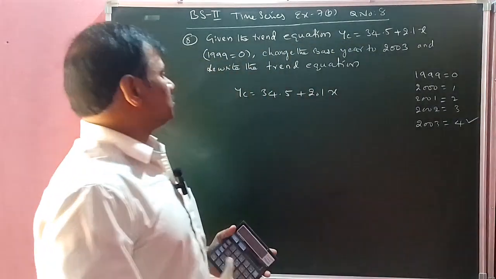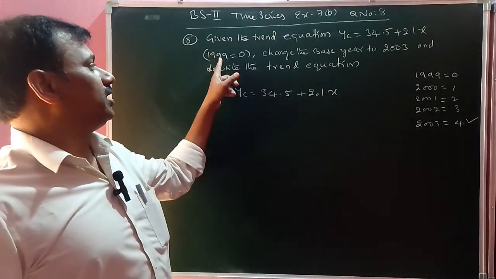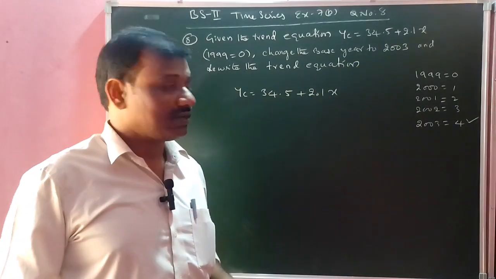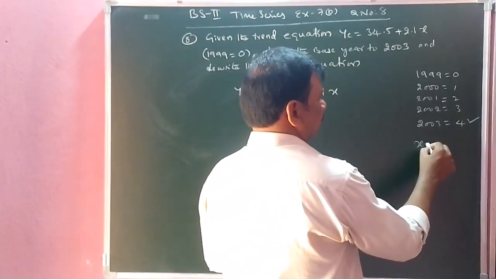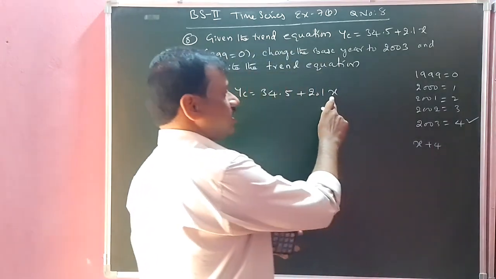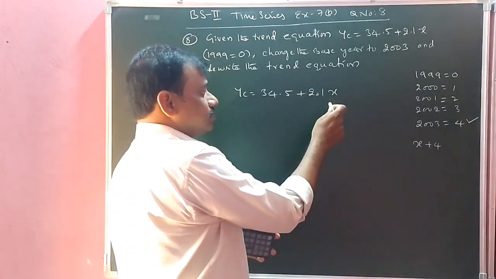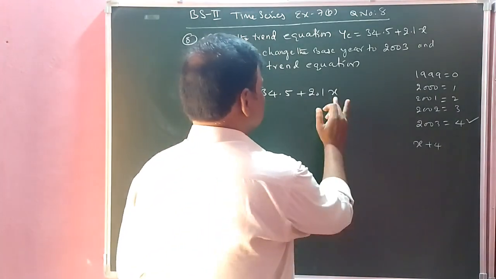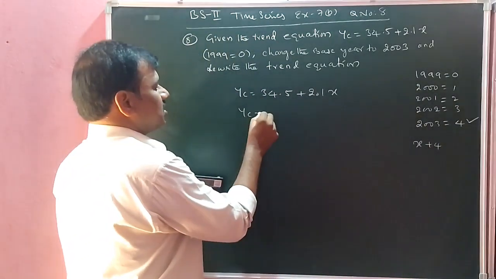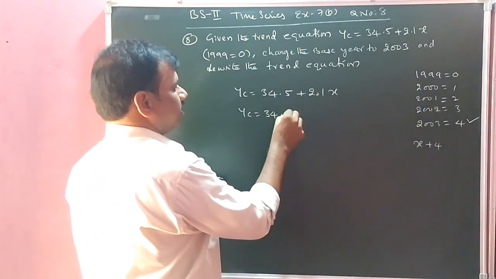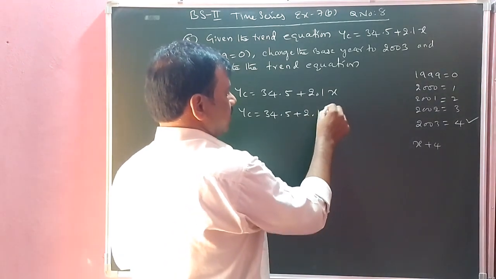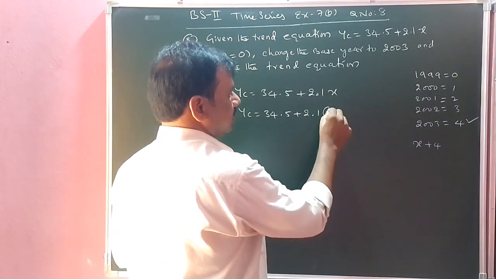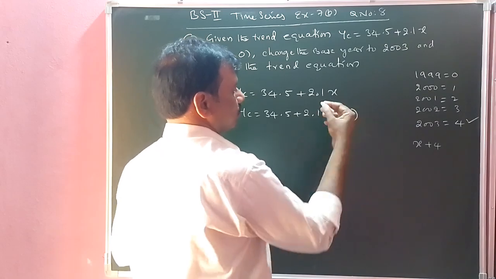So changing 1999 to 2003 means we take x plus 4. The x value is already given, so to this x value we have to add 4. So YC equal to 34.5 plus 2.1 into x plus 4.